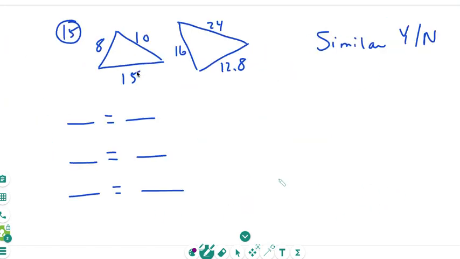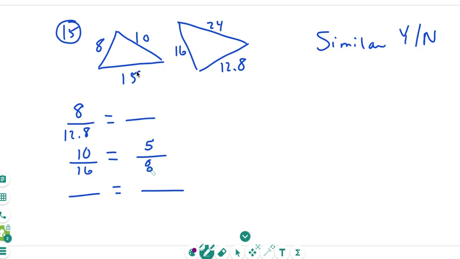All right, now we have three sides that we need to check to see if they are proportional. So we're going to take our first side, smallest side 8 and 12/8. Our middle side, which is going to be 10/16. 10/16 simplifies to 5/8.